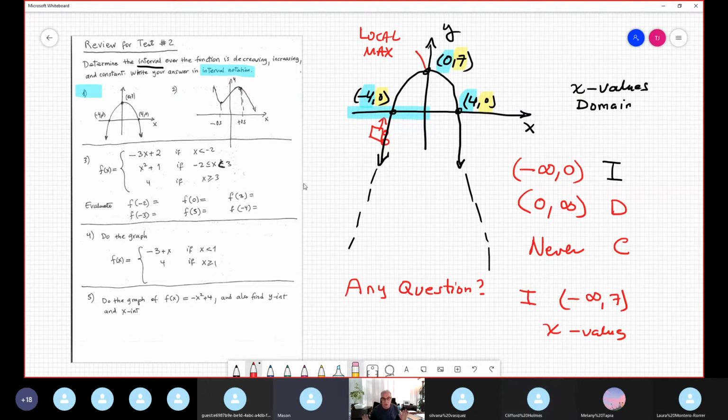Opposite side? No. Decreasing is when the roller coaster car that travels on the curve is going down. Okay, I use the formal mathematical terminology.